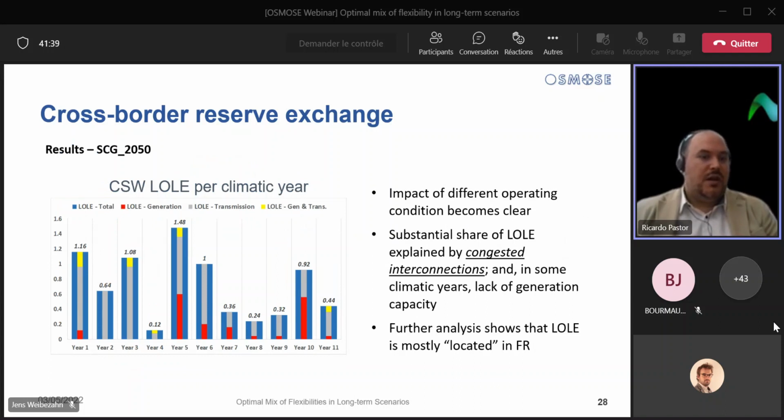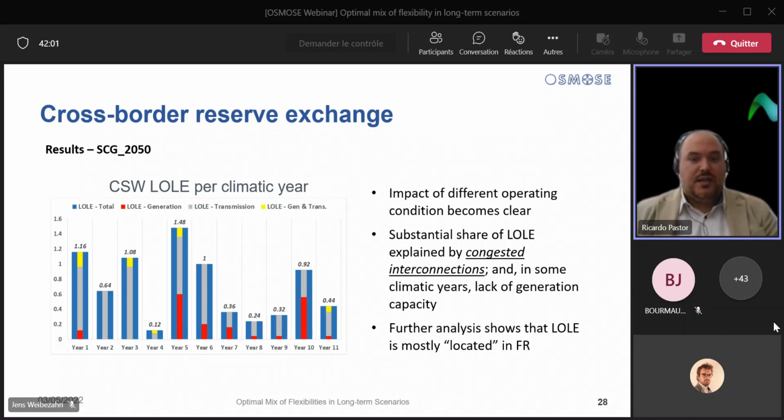So focus now on the most interesting results related to the 11 climatic years for scenario current goals 2050. In this slide, we can see the loss of load expectation for all the climatic years simulated. Two things can be highlighted from these results.